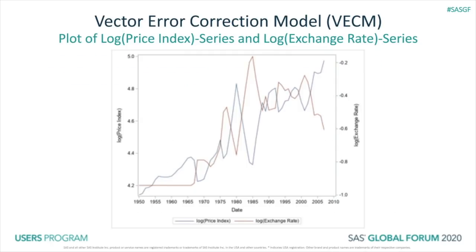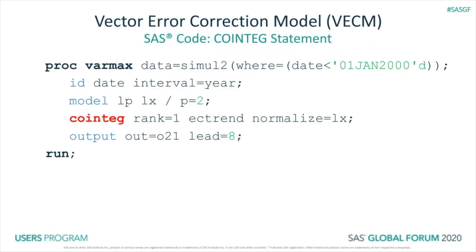We plotted the log price index and the log exchange rate here, and they look like they share the same trend. Put it in the vector error correction model using the cointeg statement.